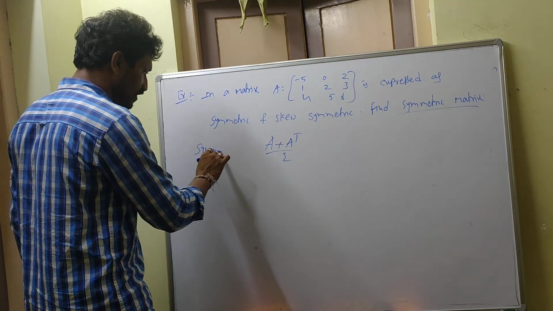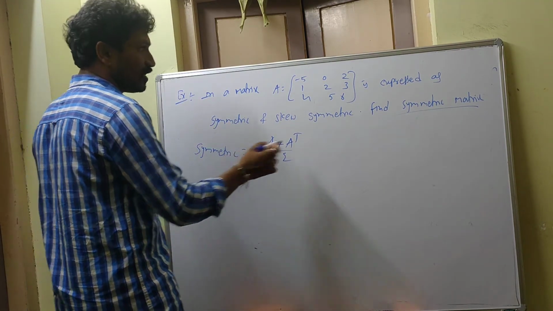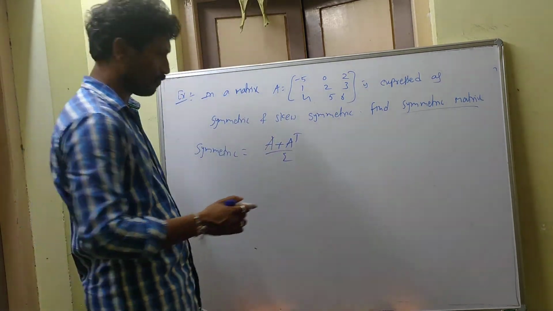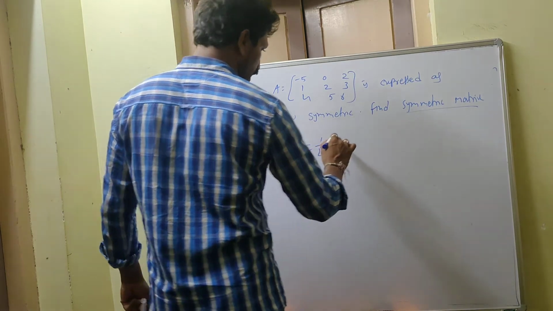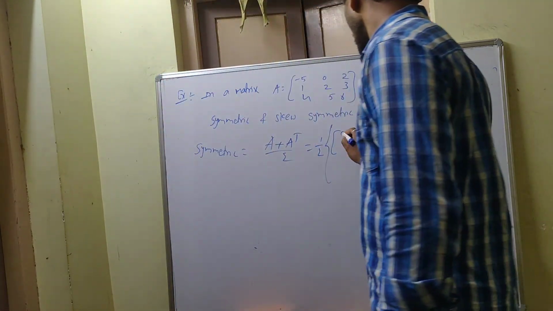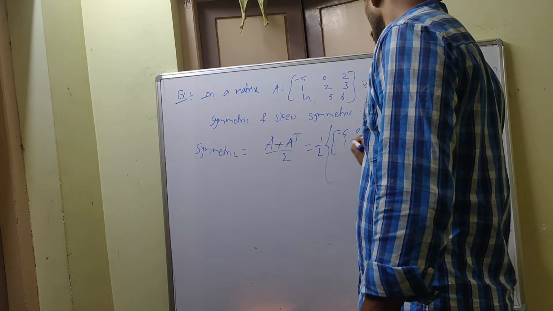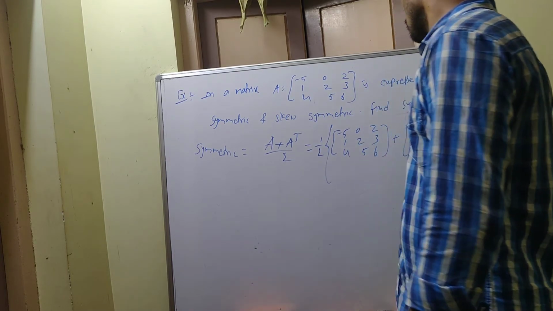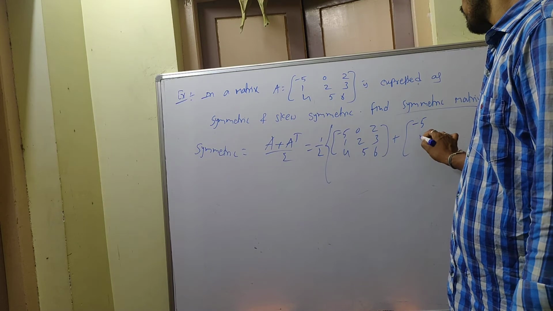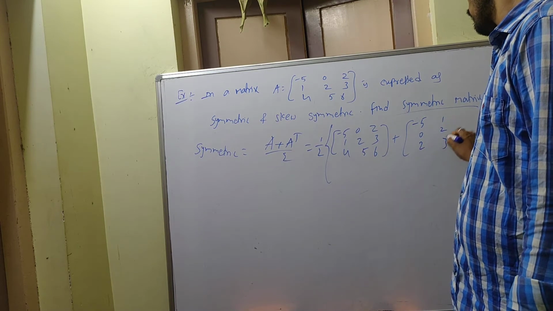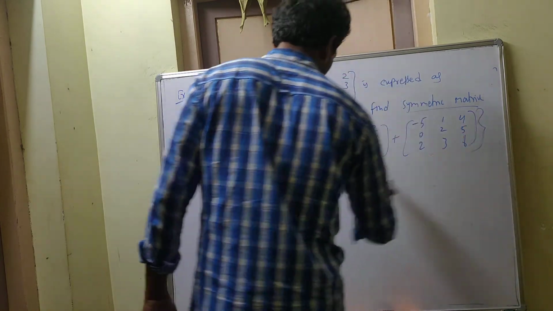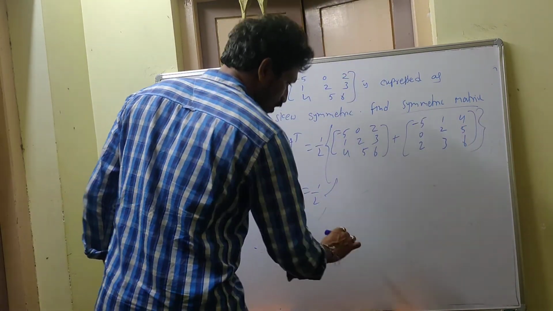Symmetric. Whenever he is asking to find skew symmetric, we have to find A minus A transpose by 2. So this is equal to 1 by 2 taken outside. Matrix A is minus 5, 0, 2, 1, 2, 3, 4, 5, 6 plus A transpose, rows as columns, minus 5, 0, 2, 1, 2, 3, 4, 5, 6. After that you multiply by 1 by 2 at last.